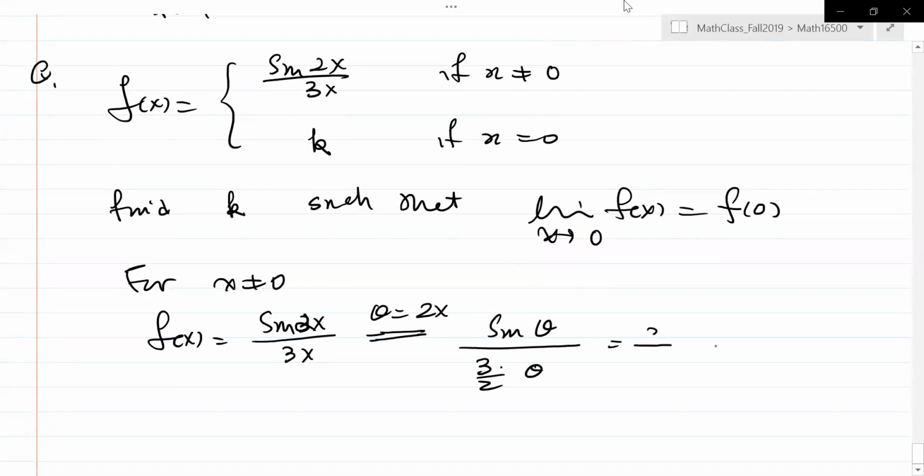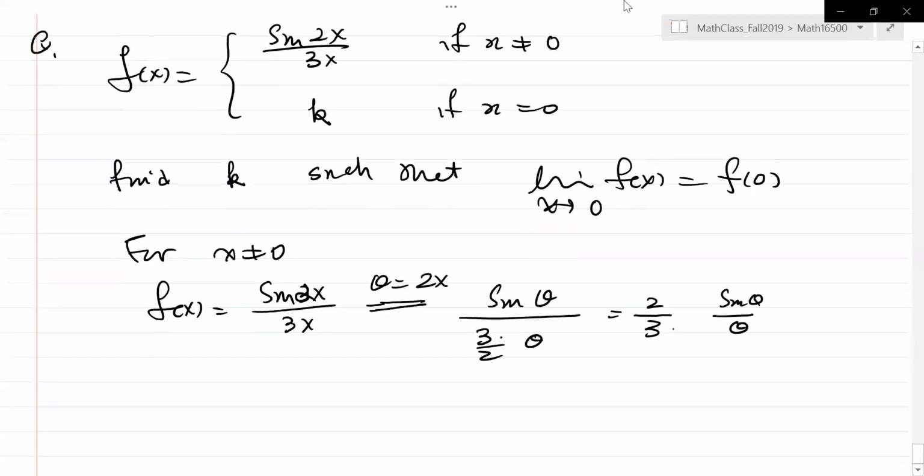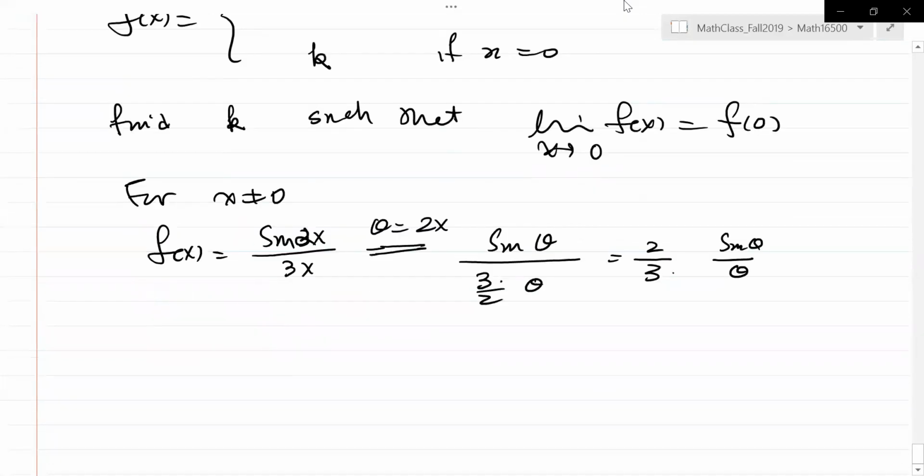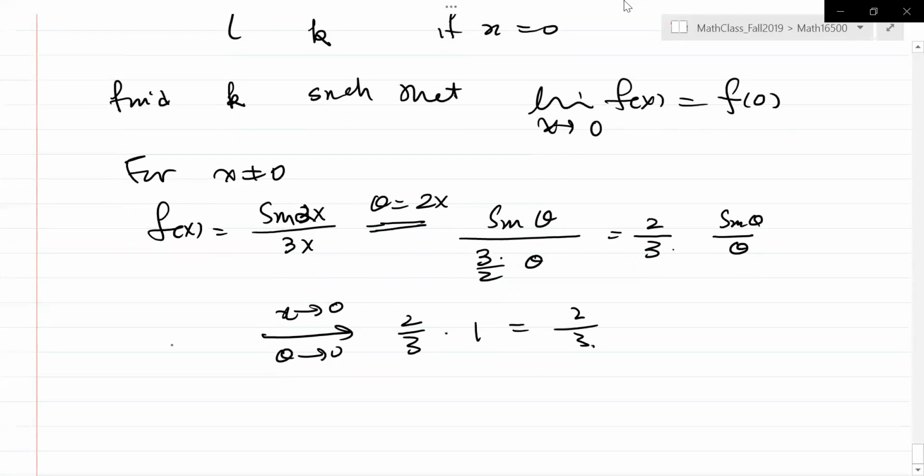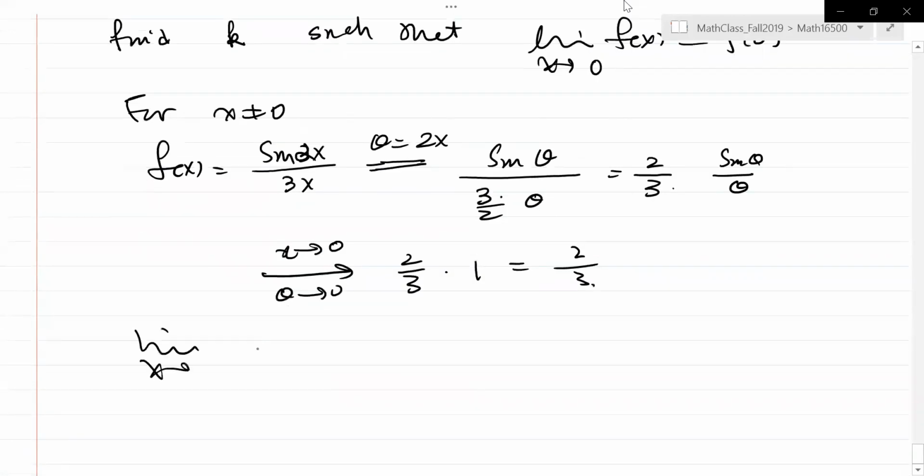Just replace x by half of theta. Now the constant in the denominator becomes 3 over 2, so the factor is 2 over 3. But clearly sine theta over theta approaches 1, because when x approaches 0, theta approaches 0. That's why sine theta over theta approaches 1. So the limit is going to be 2 over 3.